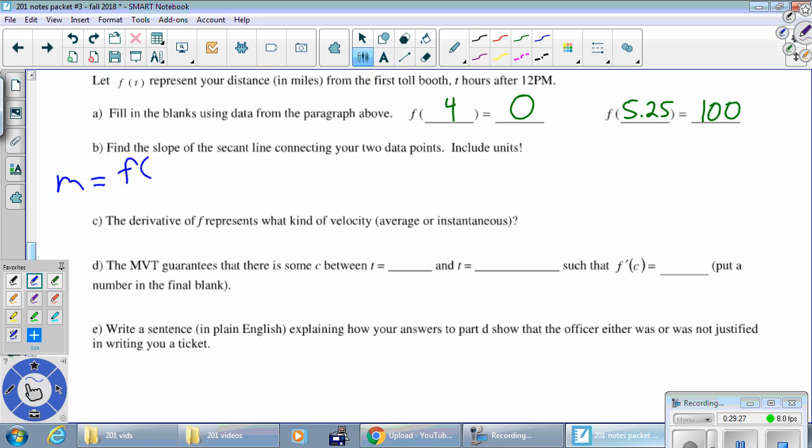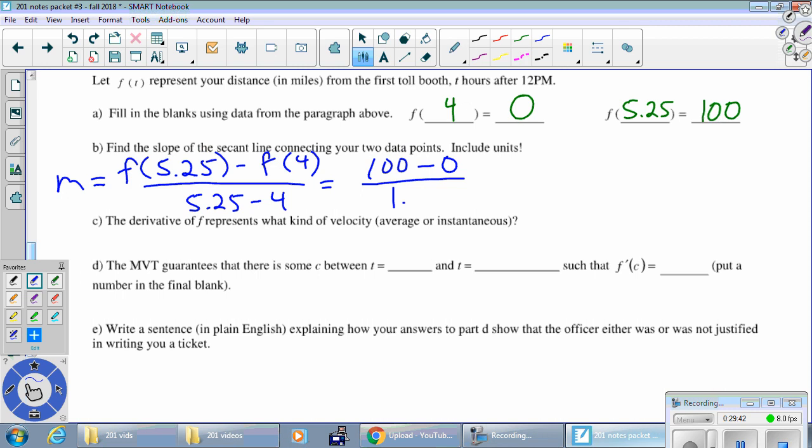So it's f of 5.25 minus f of 4 divided by 5.25 minus 4. So f of 5.25, that's 100 minus nothing, divided by 1.25. So 100 divided by 1.25.